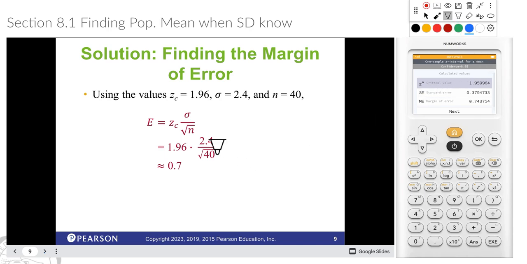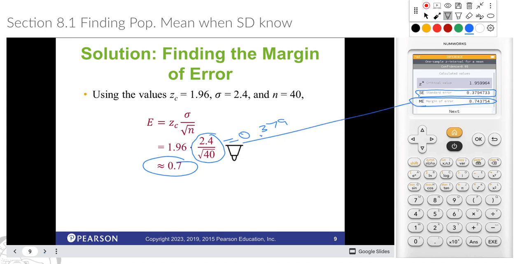The standard error, if you take 2.4 divided by the square root of 40, you're going to get 0.379, exactly the number that we've got here. So here's our standard error. In case you ever need to do it, it's part of the formula. We could take these and calculate this, which we've got given to us right here.